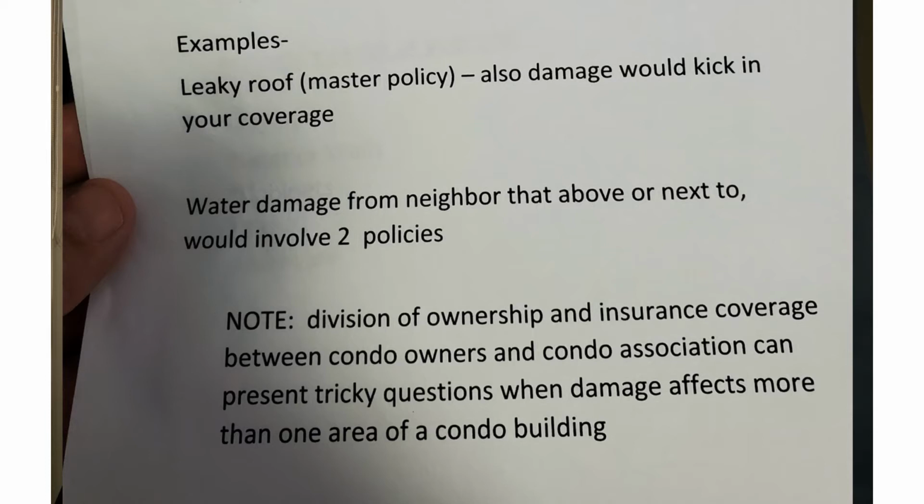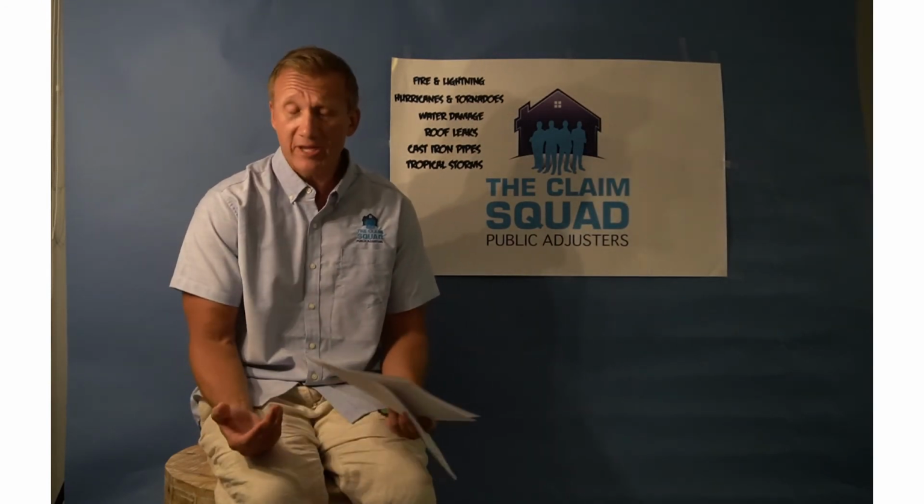Now, damage would kick in with your coverage under your policy also if your condo unit was damaged, the floors, and again, it would depend on the master policy on what they cover. If they do not cover your walls and your walls are damaged, that comes underneath your policy. And you can't hold your condo association responsible. So that's going to have to be a claim made underneath your policy.